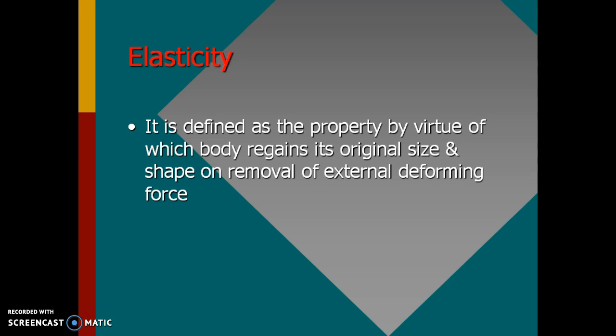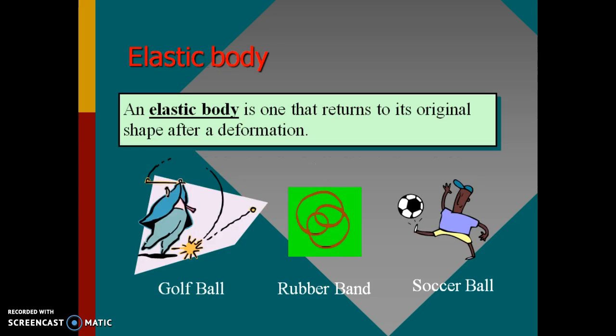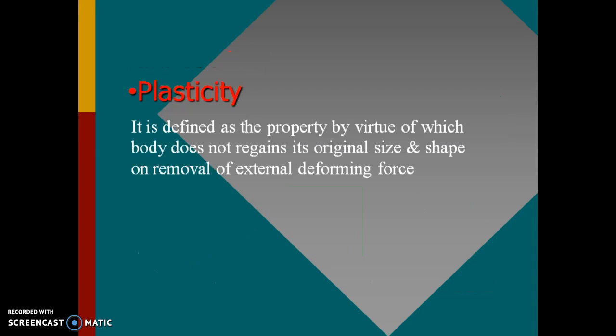One more example: when a spring is loaded, it gets deformed, meaning its length increases, but on removal of load, the spring regains its original length. That is elasticity. These are elastic bodies: rubber band, ball, golf ball are all examples of elastic bodies.